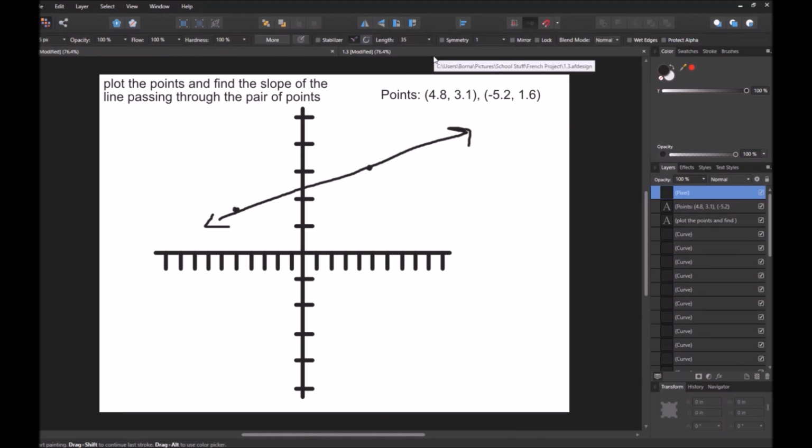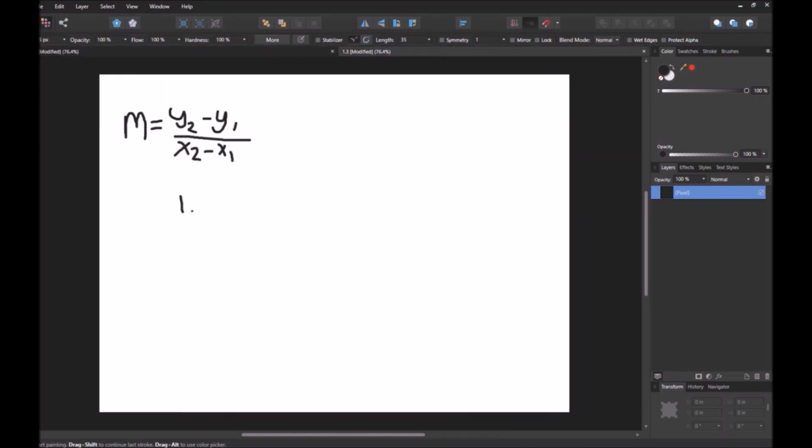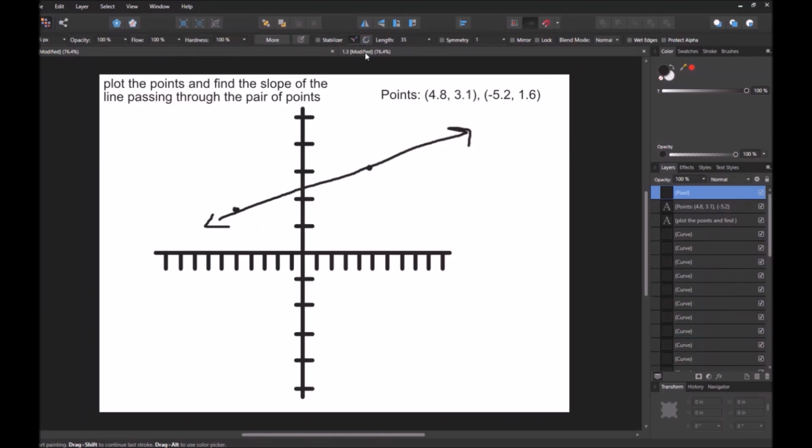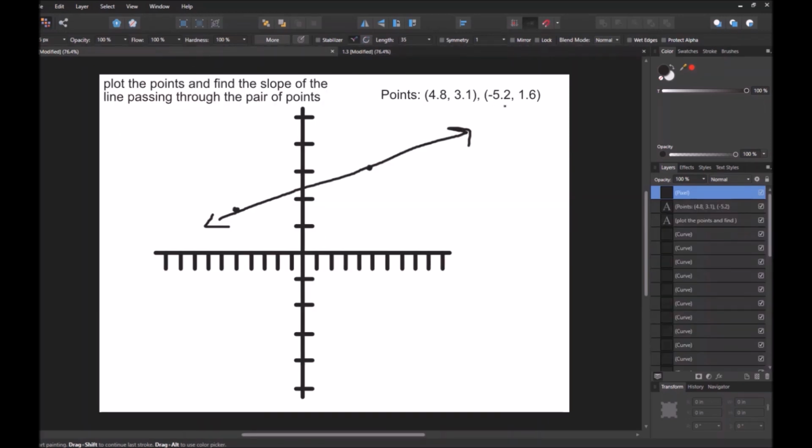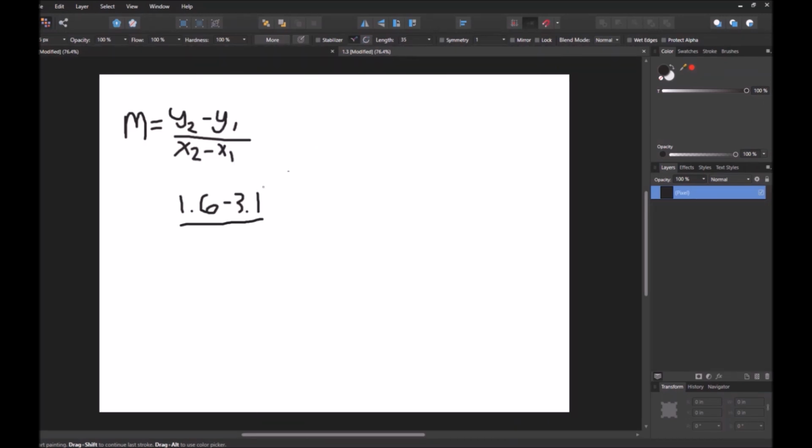So that's y2 minus y1, so 1.6 minus 3.1, sorry. 1.6 minus 3.1 over negative 5.2 minus 4.8.